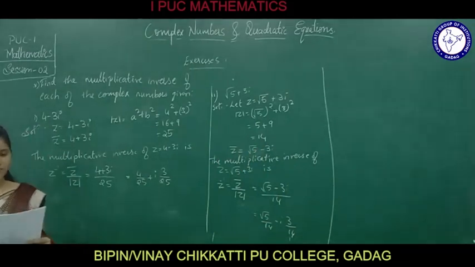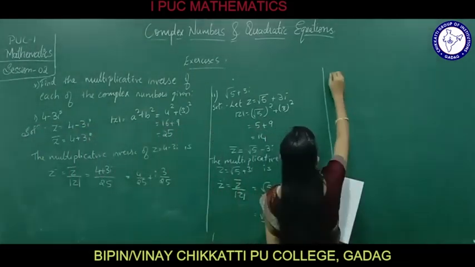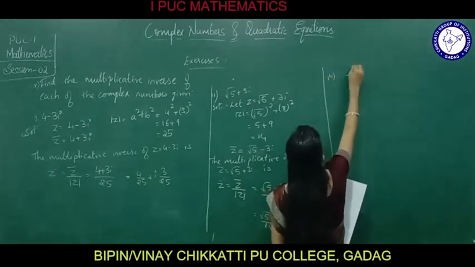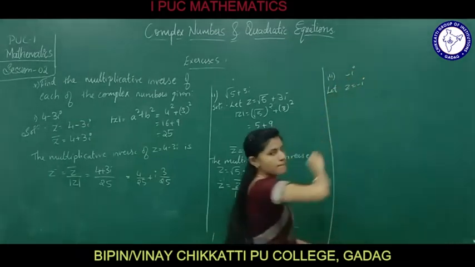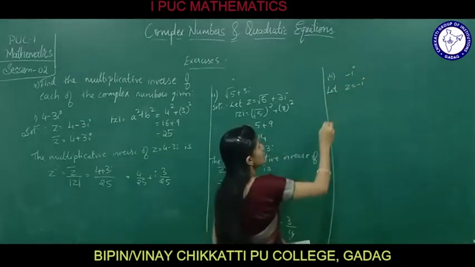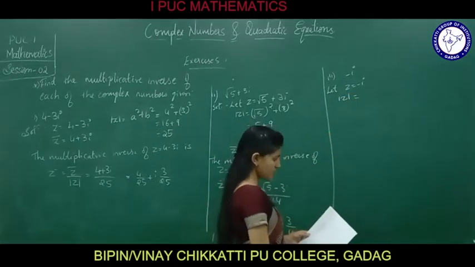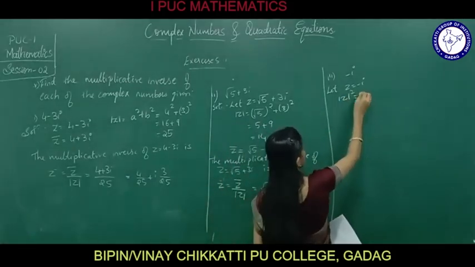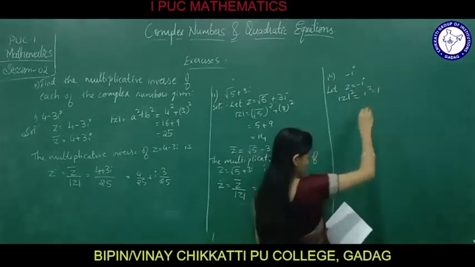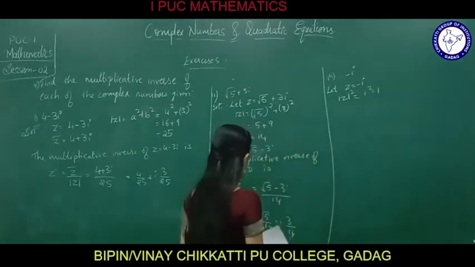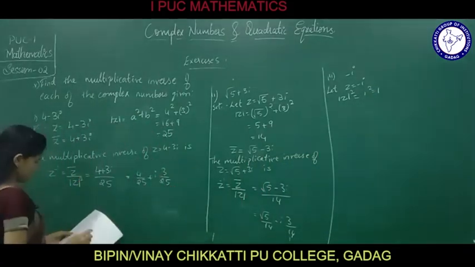We have minus i. Very simple. Let z is equal to minus i. Then mod of z will be equal to what? Mod of z square we should find. It is 1 square, nothing but 1.